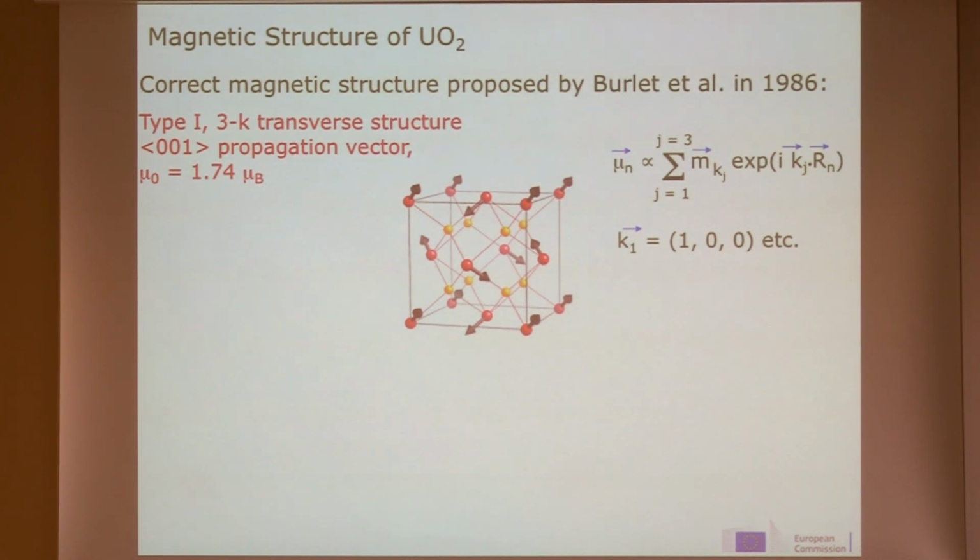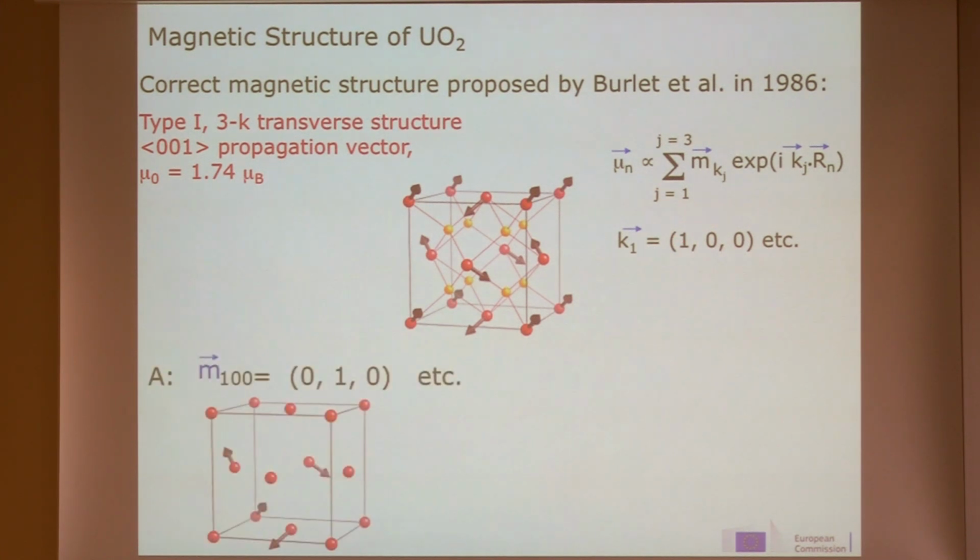The sum is made over the elements of the star of the propagation vector, so 1, 0, 0; 0, 1, 0; 0, 0, 1. The structure is transverse, meaning that, for instance, the Fourier component associated with 1, 0, 0 is along 0, 1, 0 and a cyclic permutation.